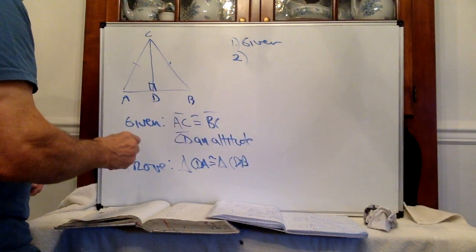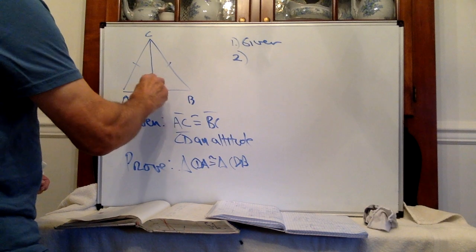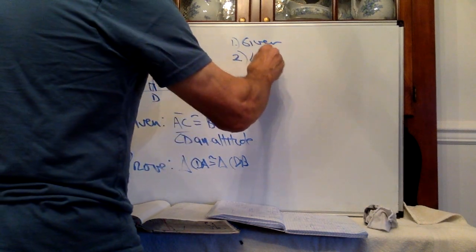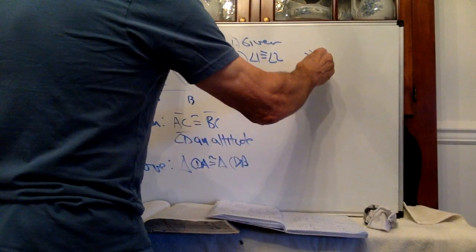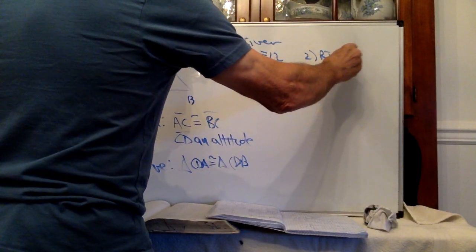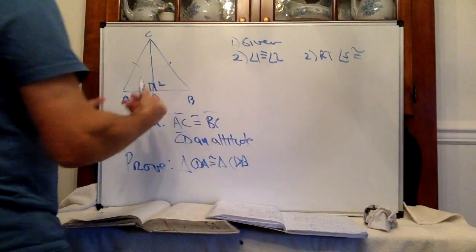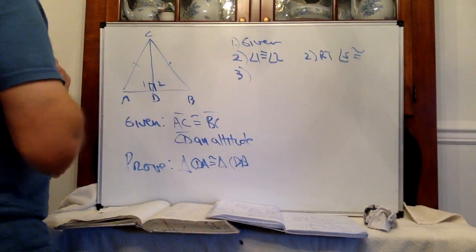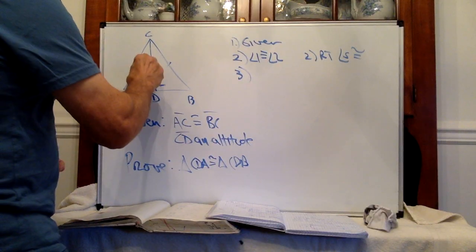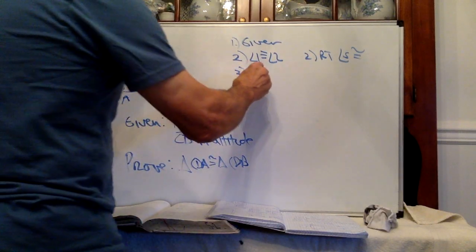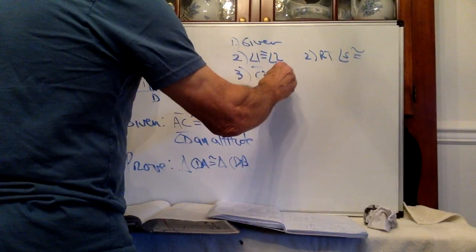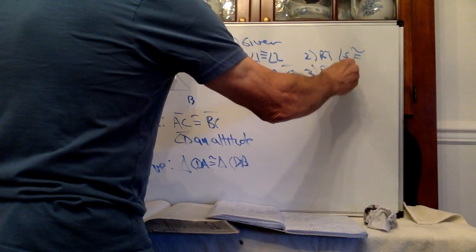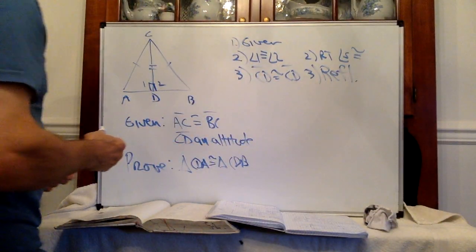Given. I know that I can call that 1 and 2. Angle 1 and angle 2 are right angles, therefore they're congruent, and they're right angles, making this a right triangle. Statement 3, CD is congruent to itself. Reflexive or identity.